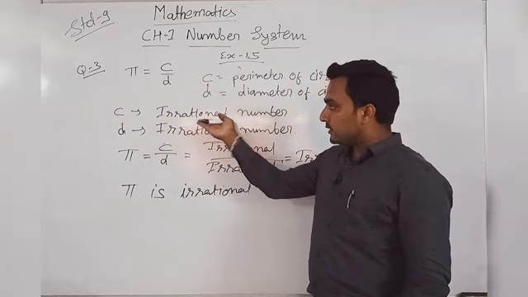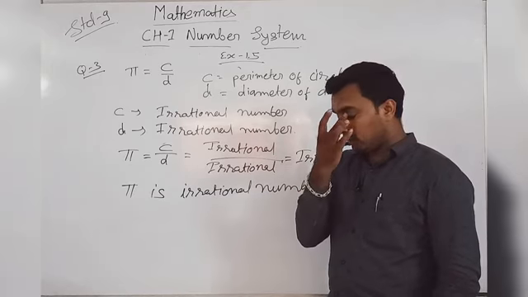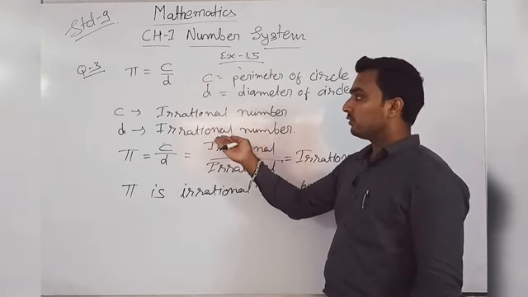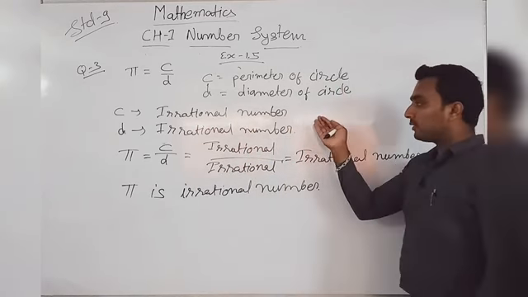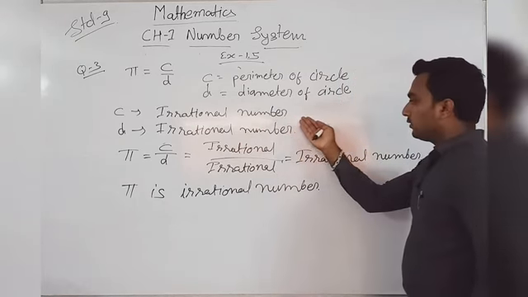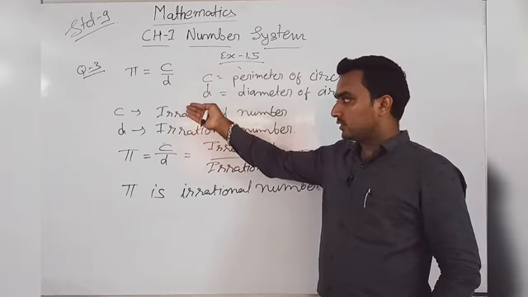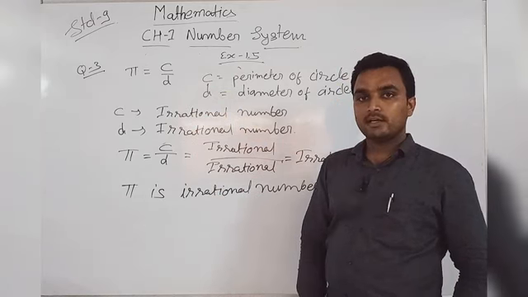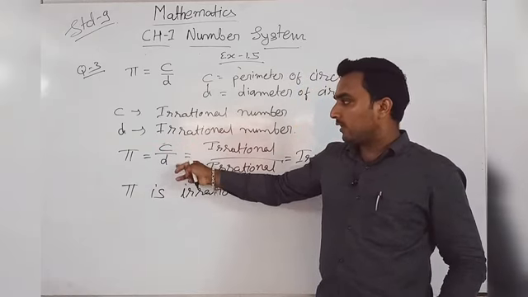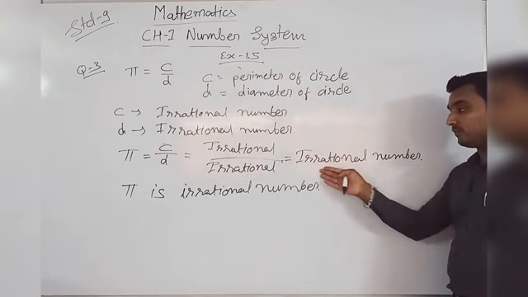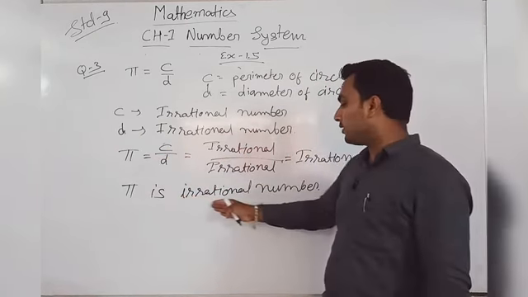So this measurement can never be perfect, and the number after the decimal point does not stop at some point. So both are irrational numbers. This is your perimeter and this is your diameter, both irrational. When we divide irrational by irrational, perimeter by diameter, the division of both irrational numbers is an irrational number. That's why we can say that pi is an irrational number.